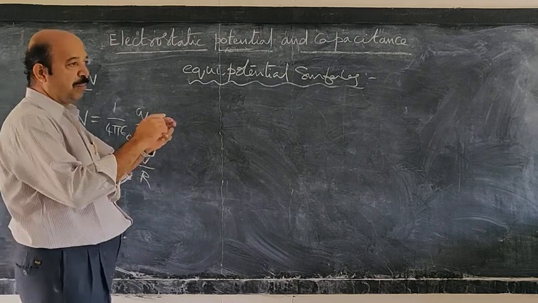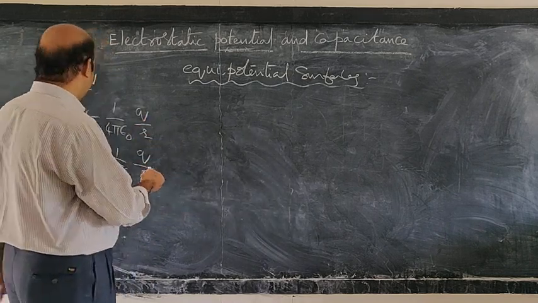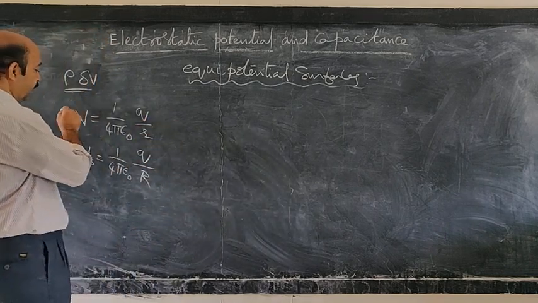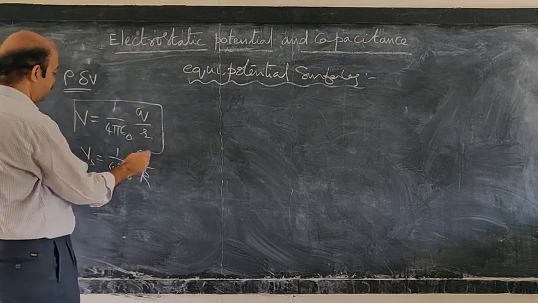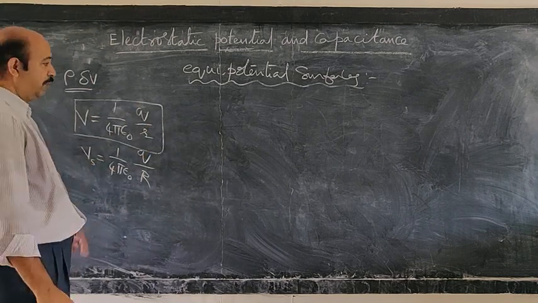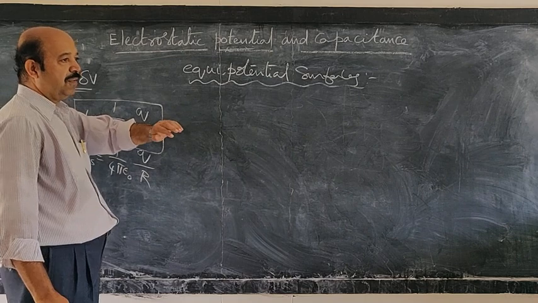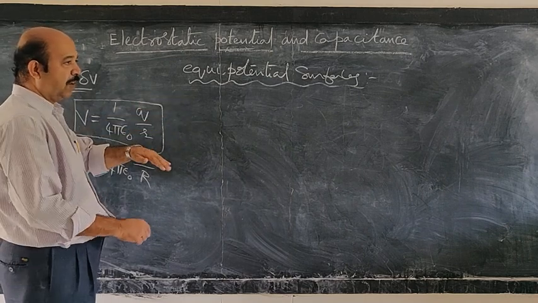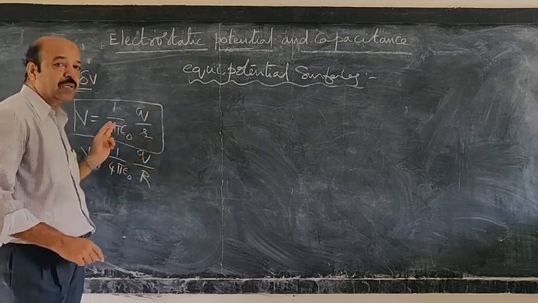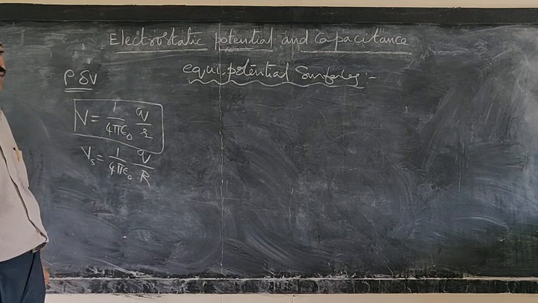In the case of a point charge, the potential is generally given by this formula. So if r is the distance of the point on the surface, for every point at the same distance, the potential will be the same.